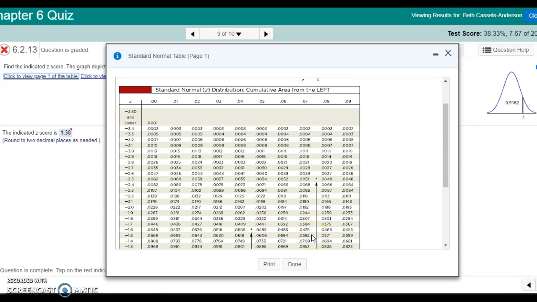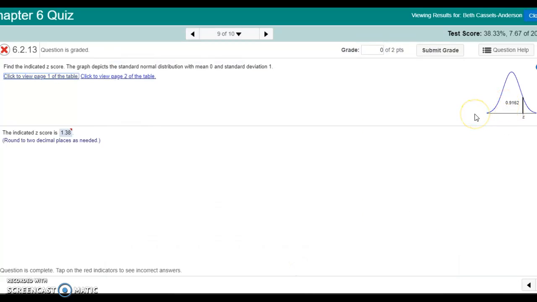So you have to be really careful with that positive and that negative piece of it. A negative z value is going to be percentages between 0 and 50% because that's below the mean. And anything 50% or higher is going to have a positive z-value because that's above the mean.